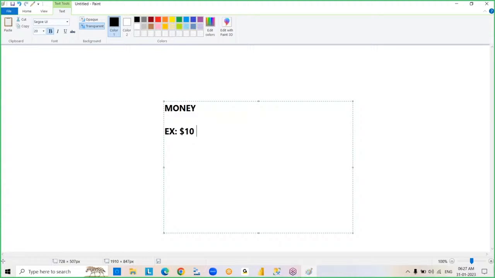Because there is a symbol, the dollar symbol, check it. What is this dollar symbol? Of course, that is a currency symbol, I'm accepting, but it is a special character. So in the number family, you cannot store characters and special characters.